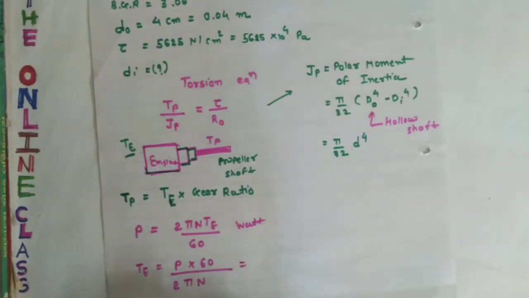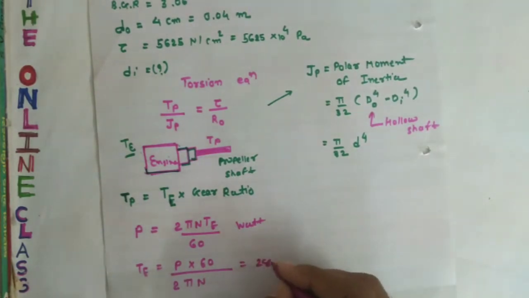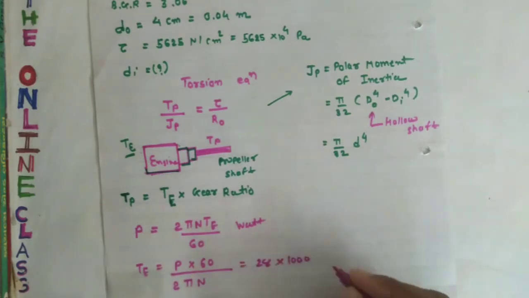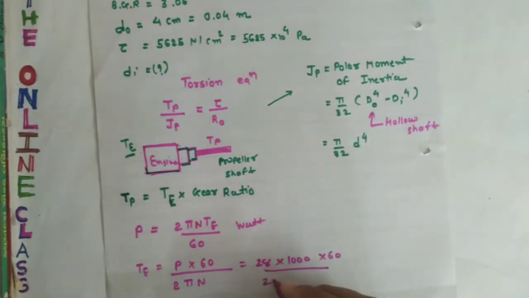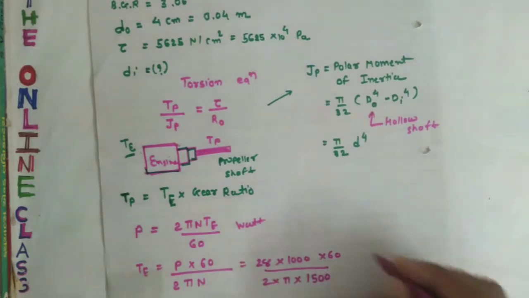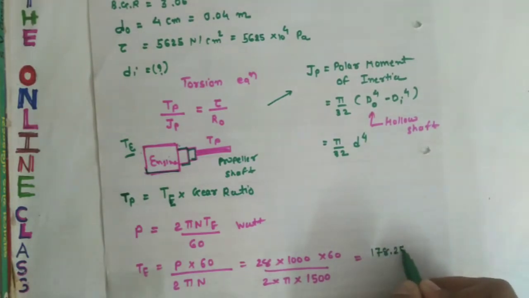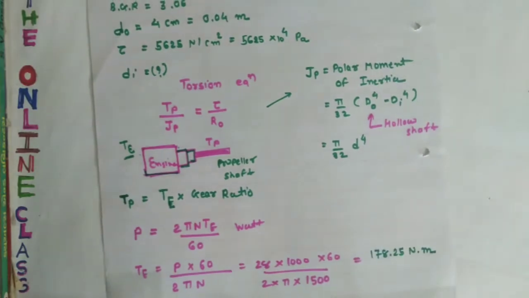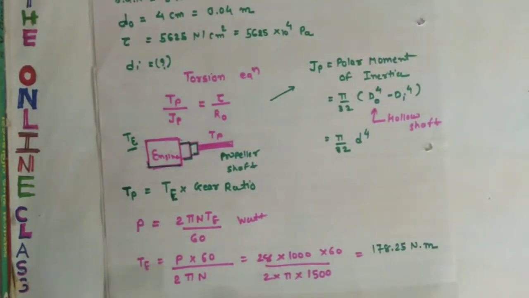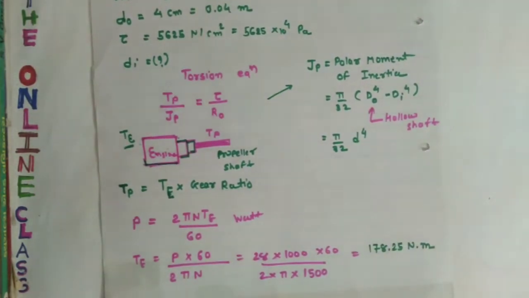Put the values of P and N. P value is 28 into 1000 into 60 divided by 2 pi and N is 1500. Then we have TE value 178.25 Newton meter.